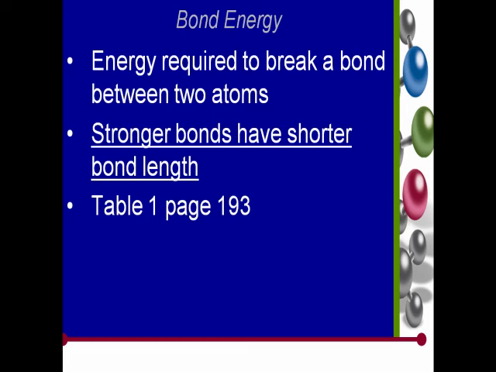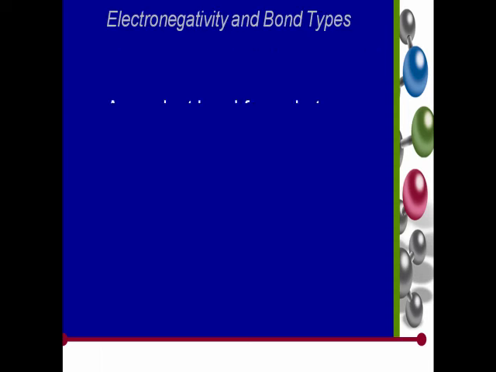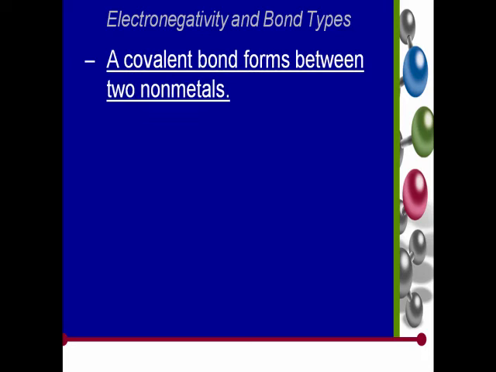Electronegativity is important when we talk about covalent bonds and ionic bonds because it allows us to predict bond type. So just as a review, a covalent bond forms between two nonmetals.